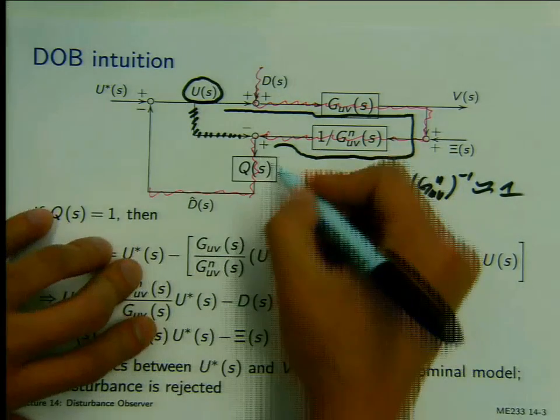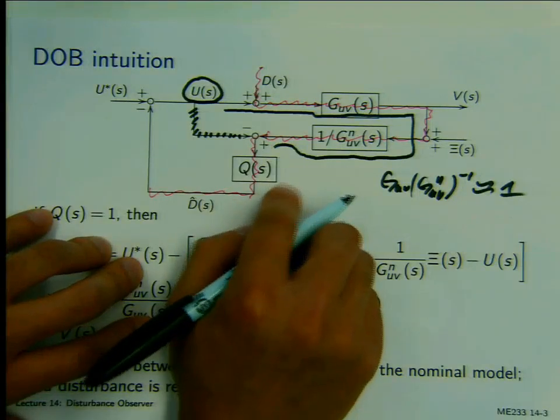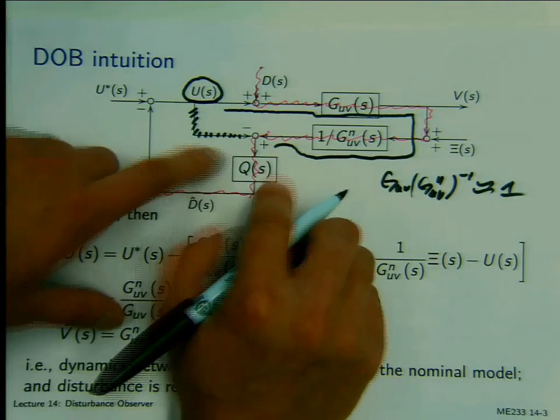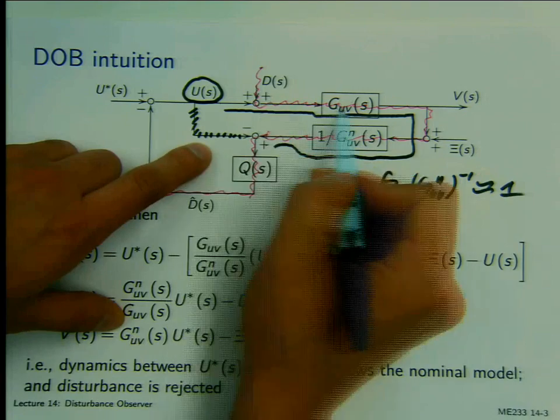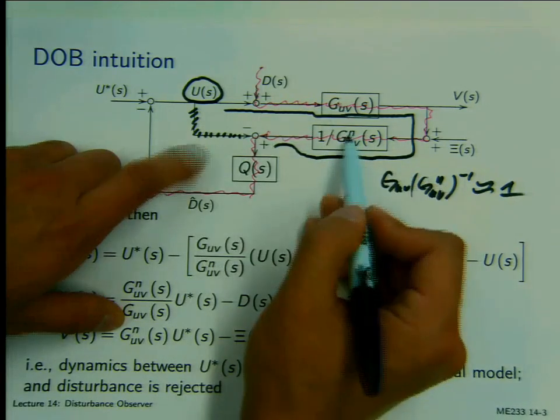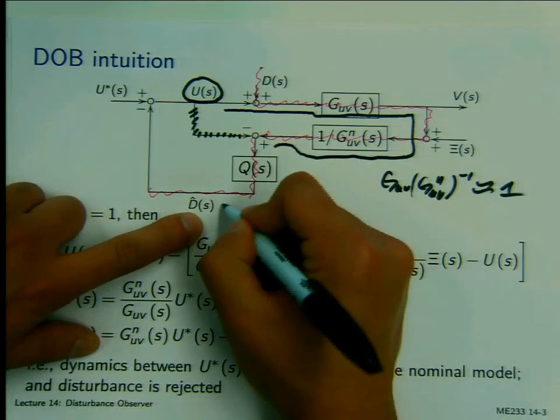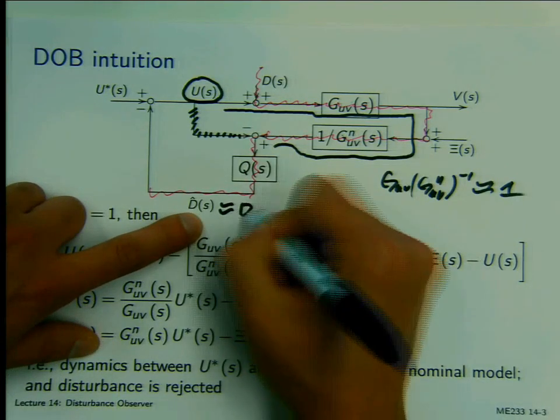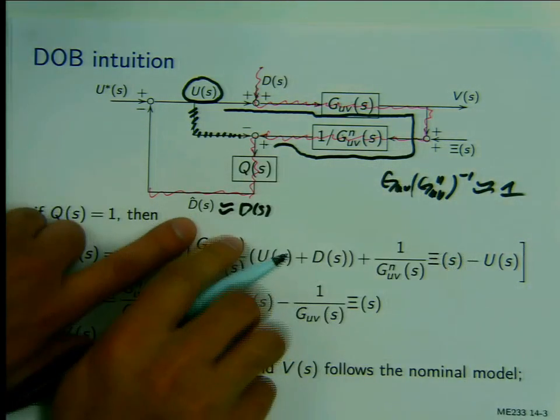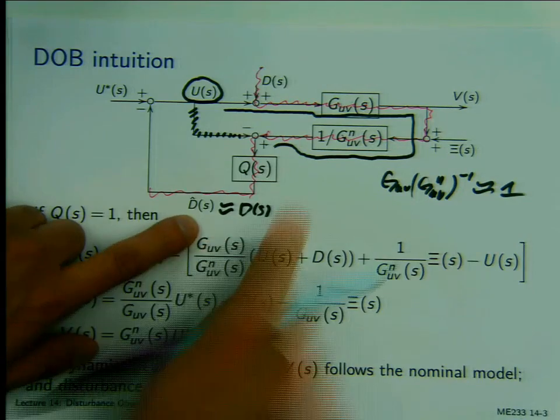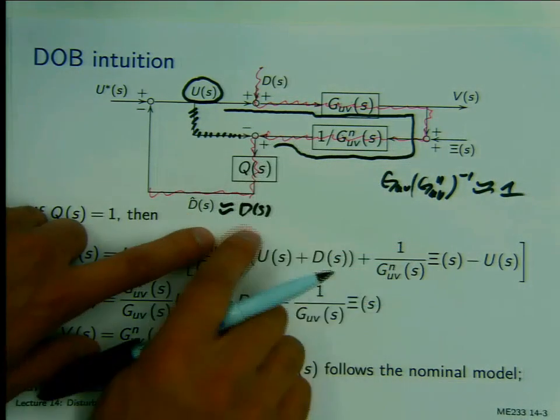Right? So if Q is 1, let's suppose this is an ideal case. If Q is 1 and these are good, then this is going to cancel with its inverse model, and then this is 1. So you see D hat is approximately DS by this construction of the block diagram.